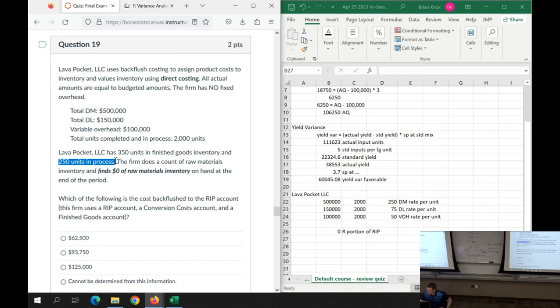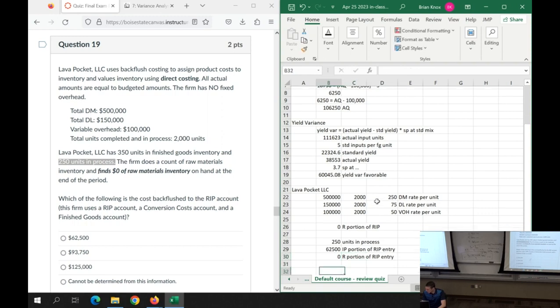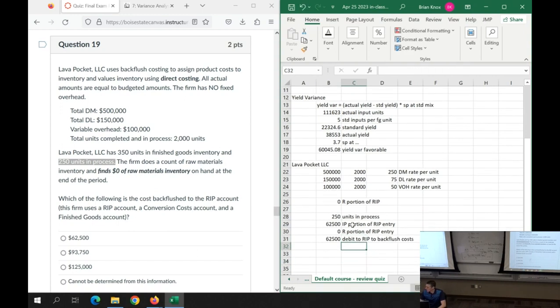So it's asking simply for the direct materials component of these in-process units. 250 units in process times the direct materials rate of 250, plus the raw materials portion, which is 0, but just for completeness, we've kept it in there. So that should be 62,500.